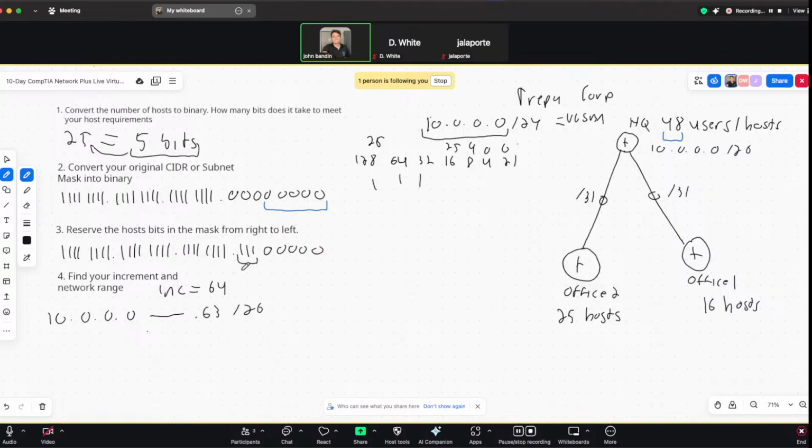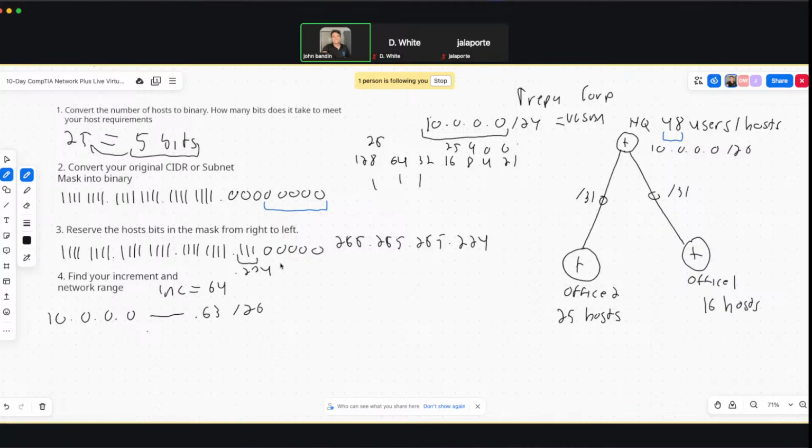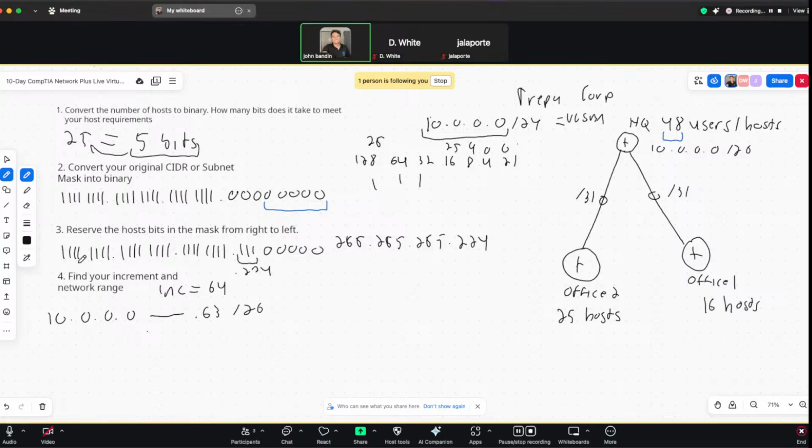That equals .224. So our new subnet mask is 255.255.255.224. And what's our CIDR notation? Remember, the slash, that CIDR notation, is how many network bits we have in our new subnet mask. So that's 8, 16, 24, 25, 26, 27.